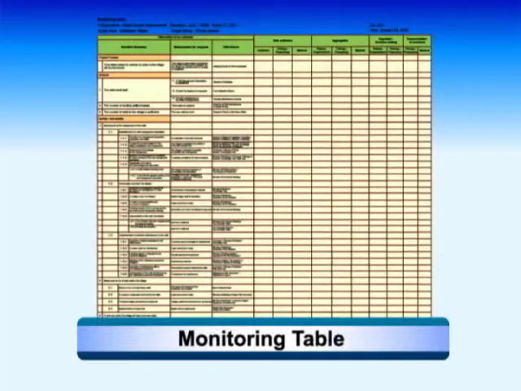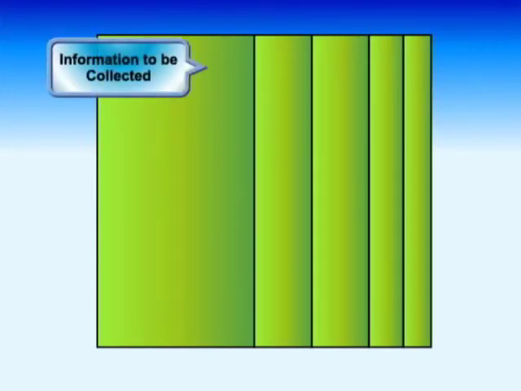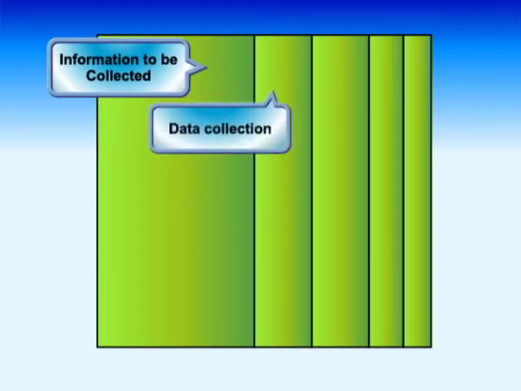It is a monitoring table in which those monitoring frameworks are integrated. A monitoring table is made up of 5 blocks. The first block is for information to be collected, to describe what information should be collected. The second is for data collection, to describe who collects the data when and how.